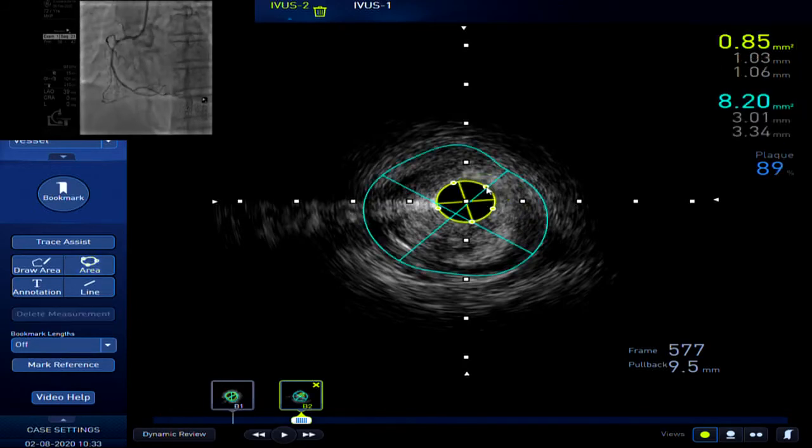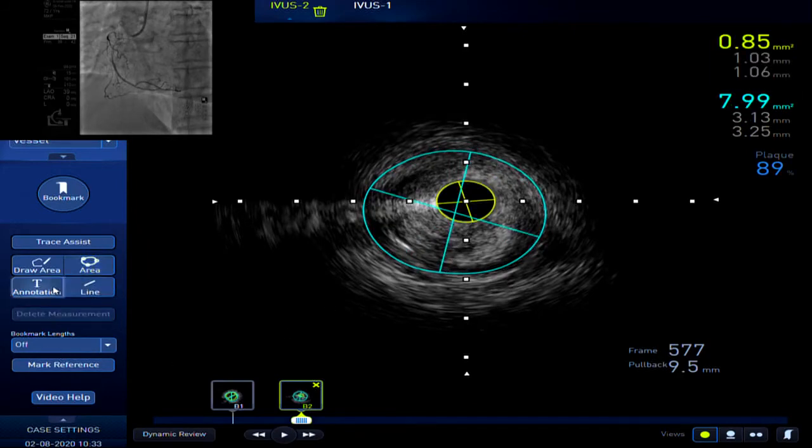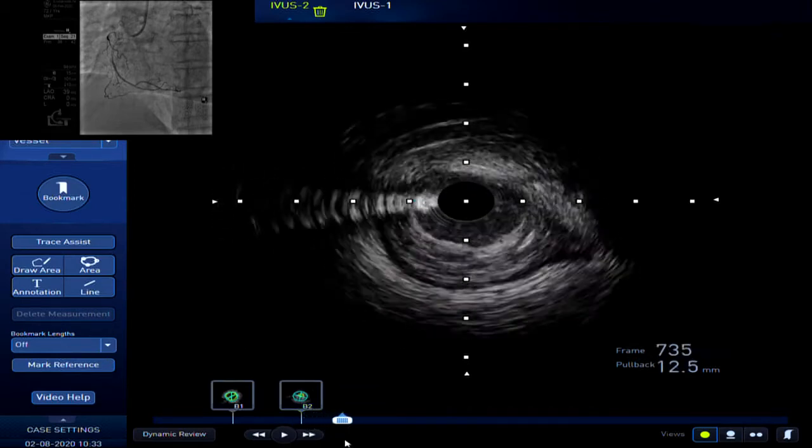So Dr. Saito, even though your wire is in subintimal, would you change your strategy? No, it will not be a problem. It's a short segment, so I don't care. So 3.5 by 48.